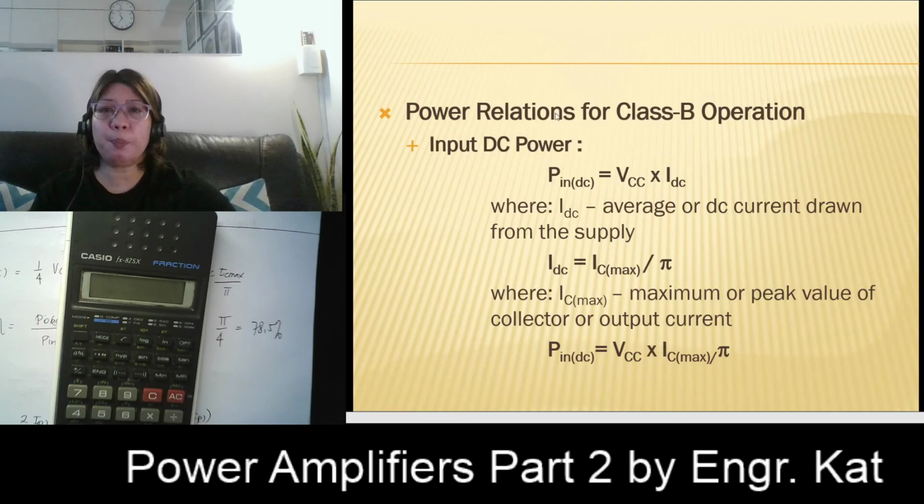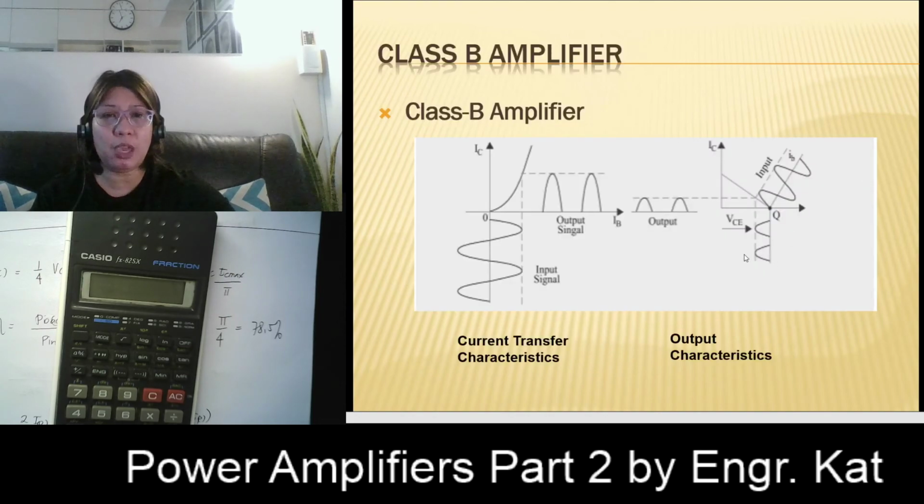Okay, so these are the power relations for Class B operation. So input DC power is equivalent to VCC times IDC. Okay, so your IDC here is not your ICQ, because if you look back at the zero point here, at zero input condition, our IC is equal to 0.